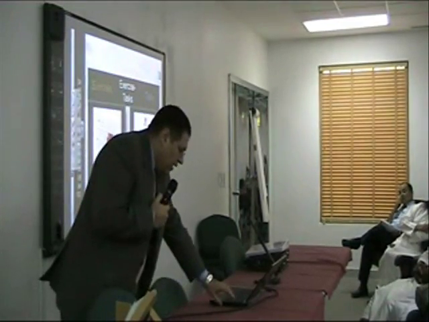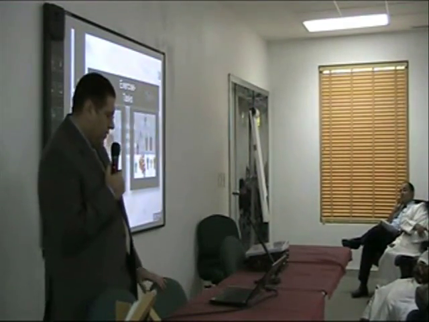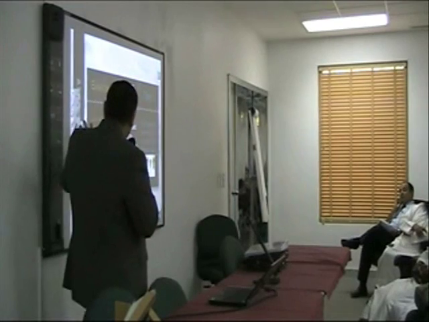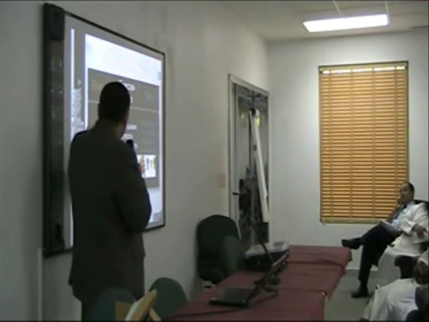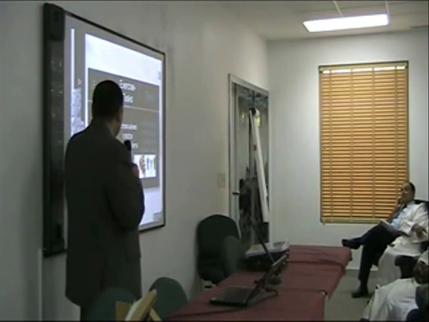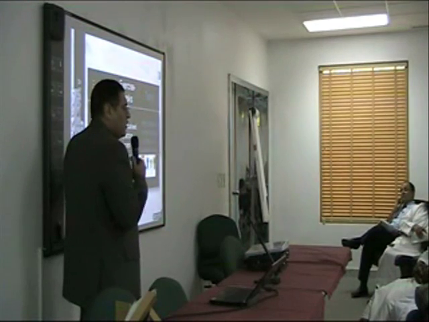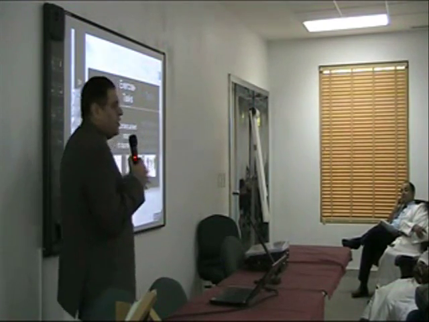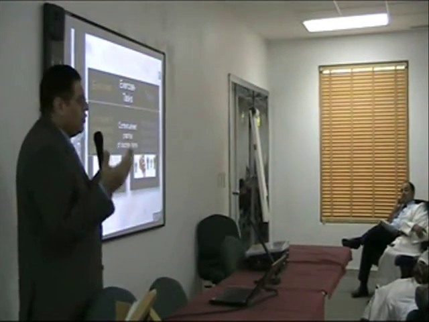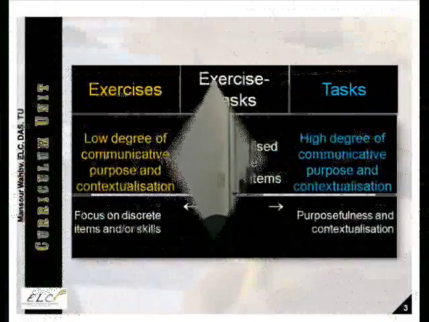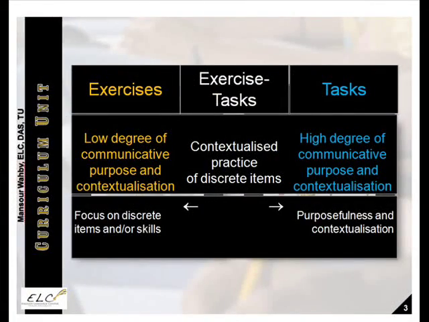The main difference is that when you talk about exercises, you're talking about a low degree of communicative purpose and contextualization. You just have an exercise, maybe you explain something to the students, and then they do some kind of practice. These exercises might be included in the book, or you might just give them a worksheet to answer some questions, and that's all.